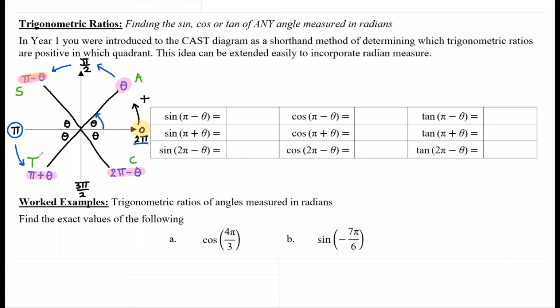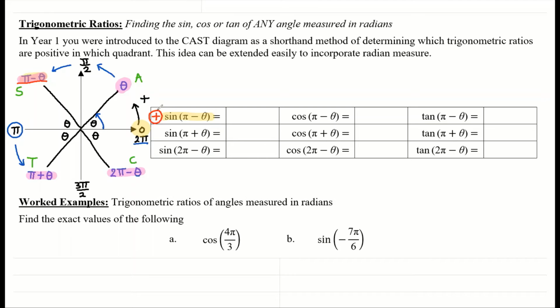Now, how does this diagram help us? You'll notice the first entry in the table asks what happens if we calculate the sine of the angle pi subtract theta. Pi subtract theta is this angle here in the sine quadrant, and sine in this quadrant is positive. So I'm going to put a little plus there to remind me that this is a positive value.